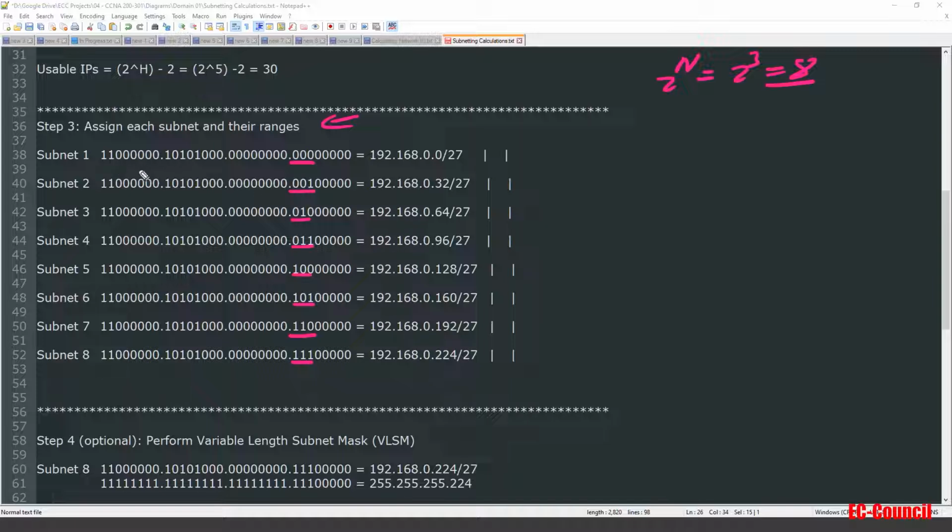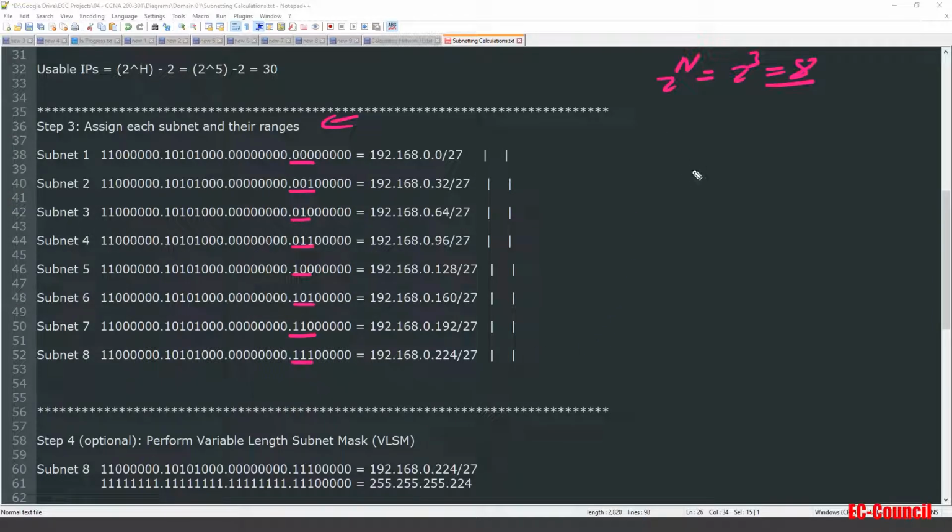And simply by converting all of these binary into decimal, we have each of our networks, which end with .0, .32, .64, .96, .128, .160, .192, and .224.